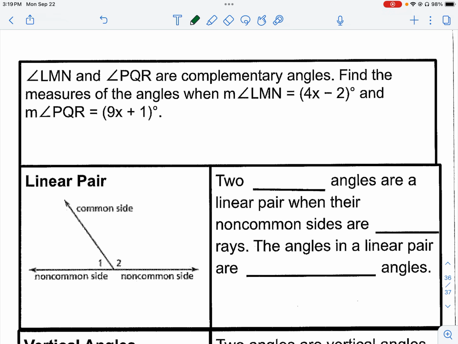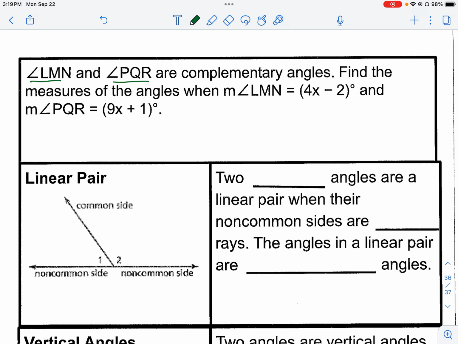All right, this is an interesting one. So LMN and PQR are complementary angles. So measure of LMN plus the measure of PQR equals 90. That's the definition of complementary. So when LMN equals 4x minus 2, let's substitute that in, 4x minus 2 plus PQR, so let's substitute that in, 9x plus 1, that's all going to equal 90.